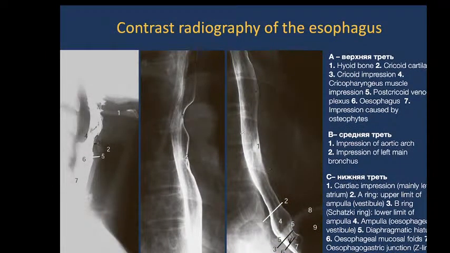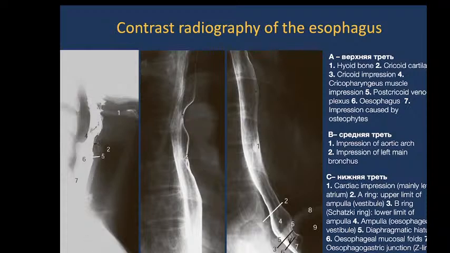Special contrast examination doctors use to see the surface of the esophagus. Usually they ask the patient to swallow barium sulfate and different parts become visible.